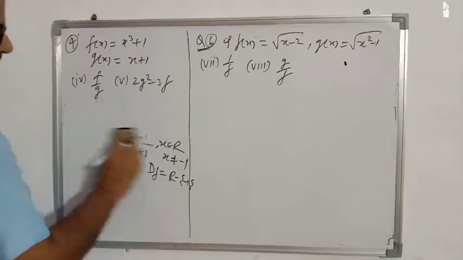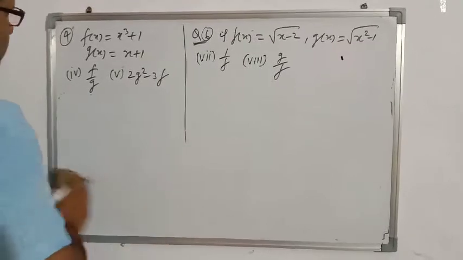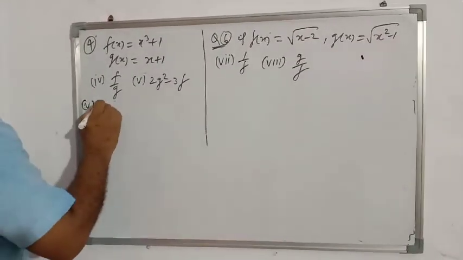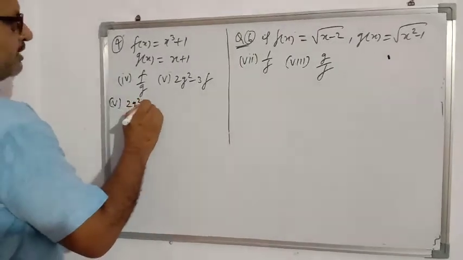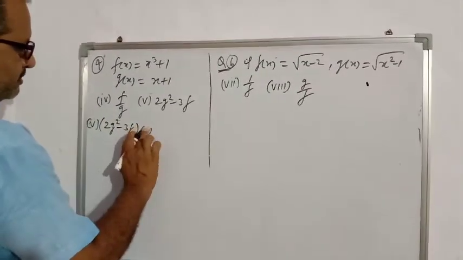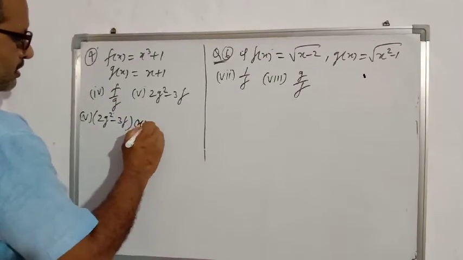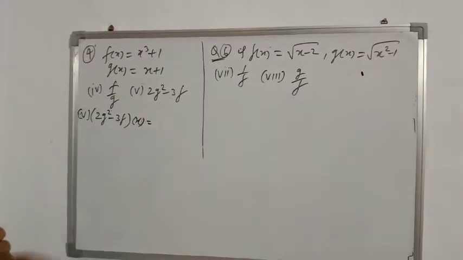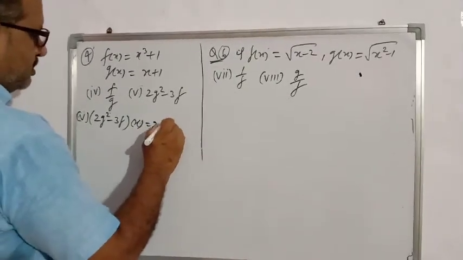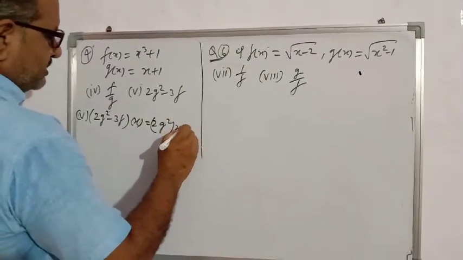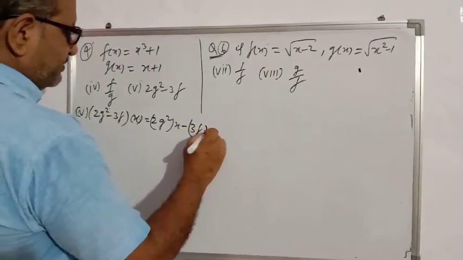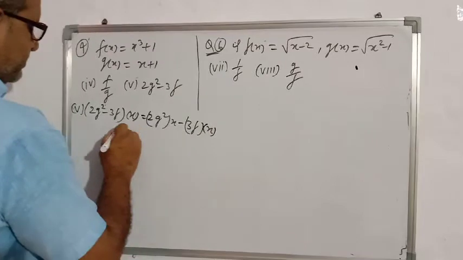So see the fifth part. The fifth part is 2g square minus 3f. Here x is in the domain. So we can write it 2g square x minus 3f x.